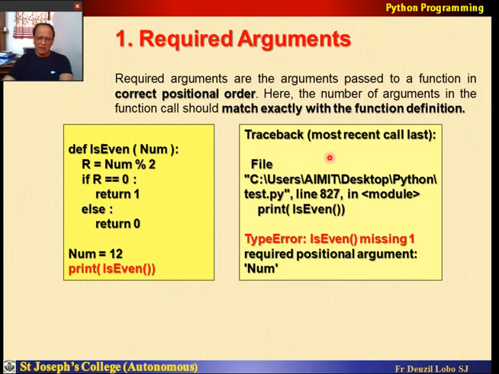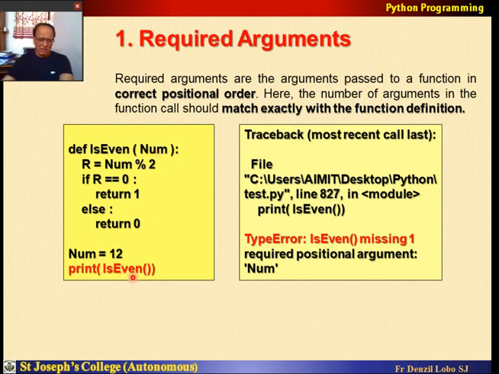So what is going to be the result? As you will see here, it is throwing an error because this function is expecting an argument to be given. Number is the parameter. So I am expecting an argument, but we have not given the argument. Therefore, this is the required argument. So whenever we declare a function with a particular parameter, that becomes the required argument.